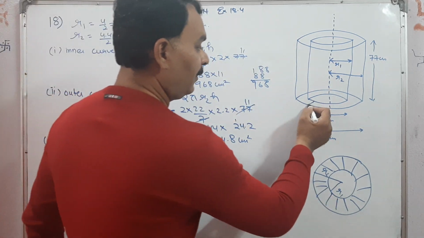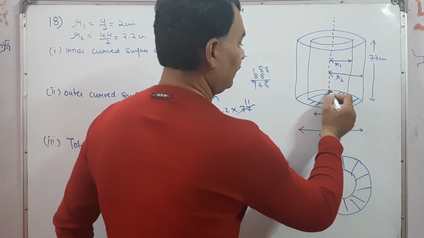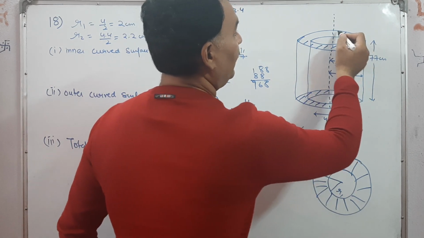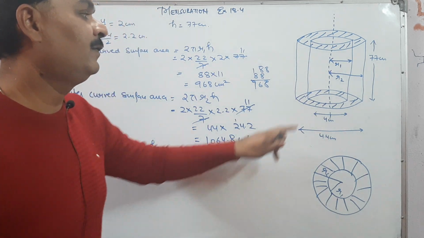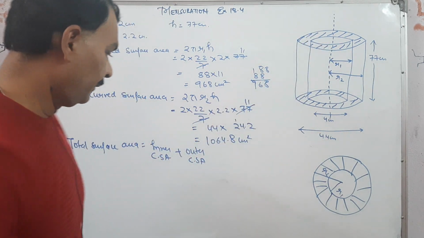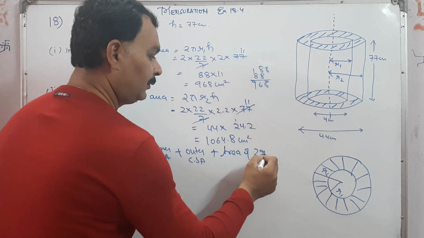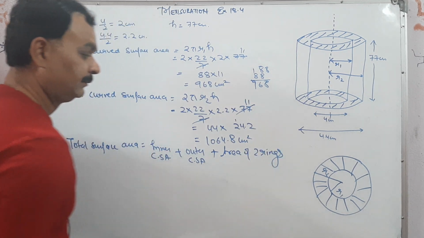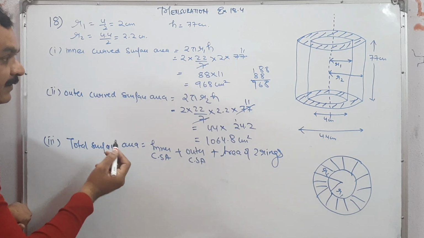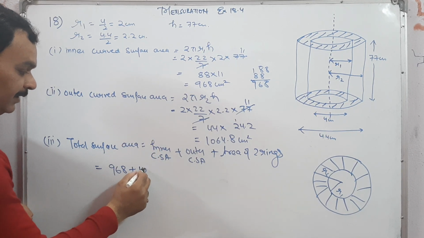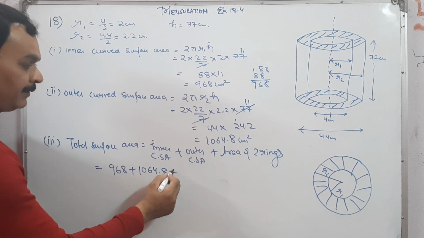This ring is formed at the bottom base as well as at the top, so we have to add the area of these two rings also. So plus area of two rings. Inner curved surface area is 968, outer curved surface area is 1064.8.